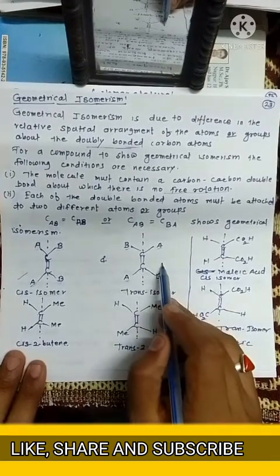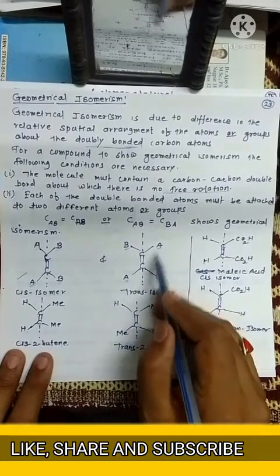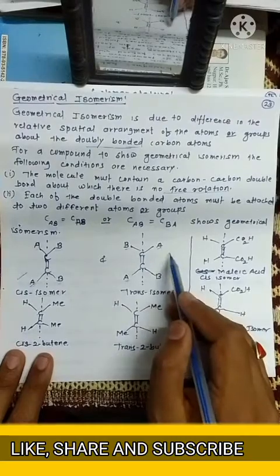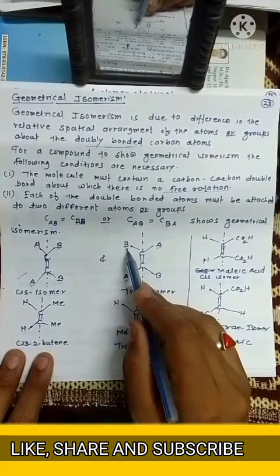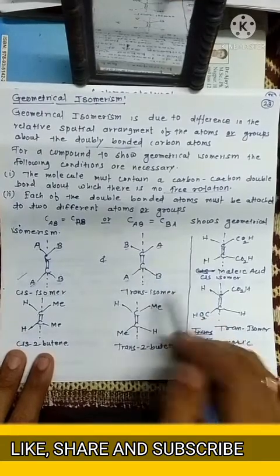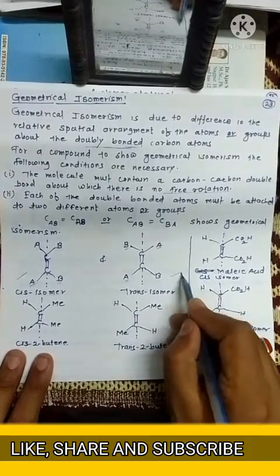Or we can simply say that both suffix A are present in opposite planes, or one can also say that both atoms B are present in opposite planes. That's why it is known as trans isomer.